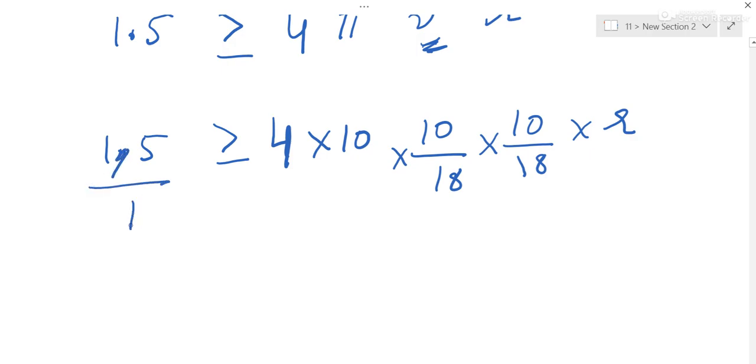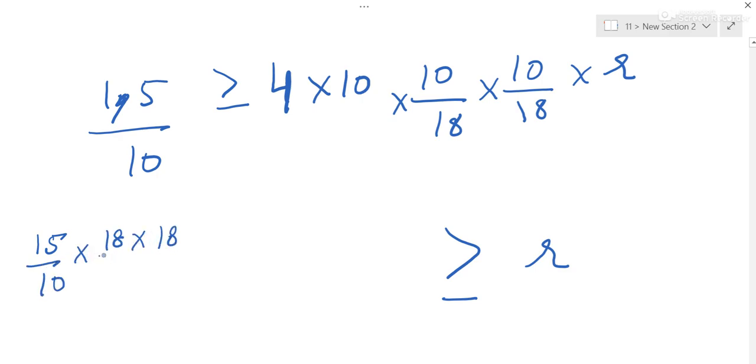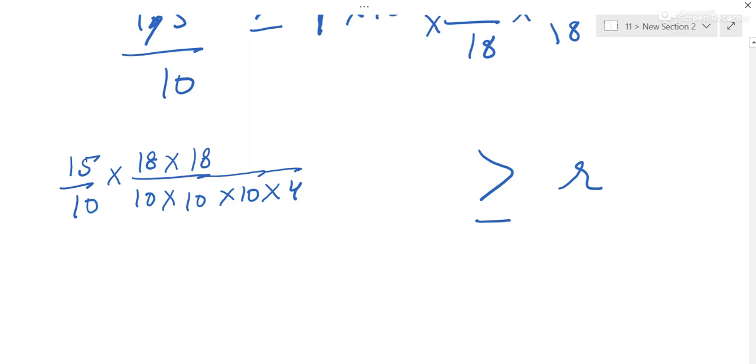It is 15 by 10. Here r should be less than or equal to, every term is going to this side. 15 by 10, 18 up, 10 down, and then 10 down, and then 4 down. So this is it.